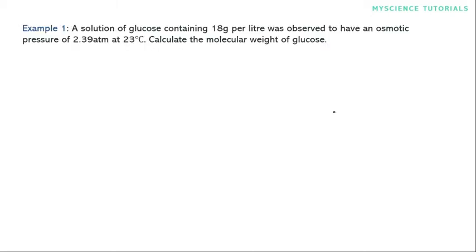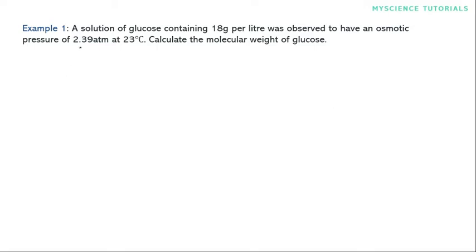Example number 1: a solution of glucose containing 18 grams per liter was observed to have an osmotic pressure of 2.39 atmosphere at 23 degrees Celsius. We have to calculate the molecular weight of glucose.